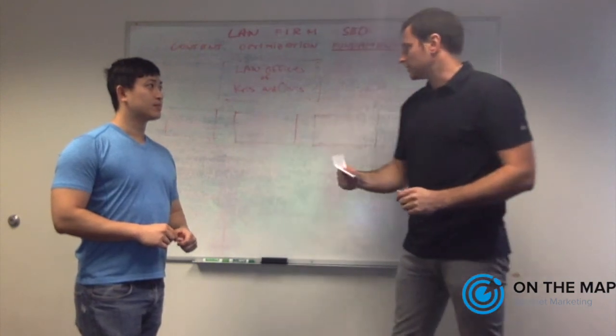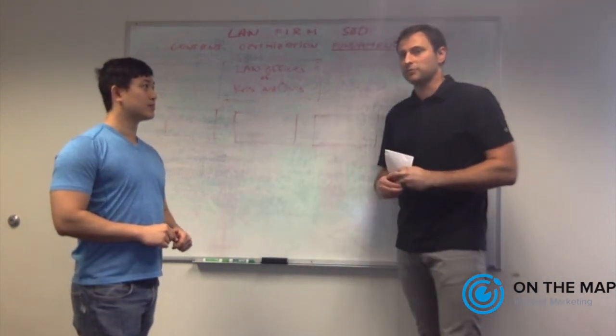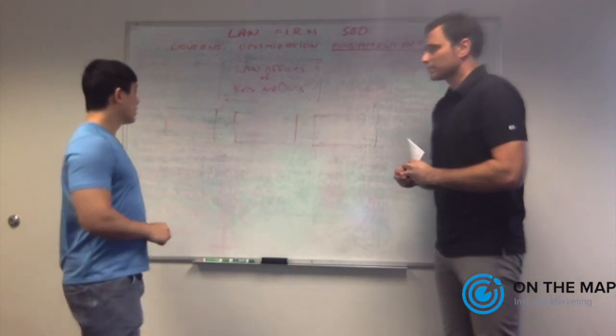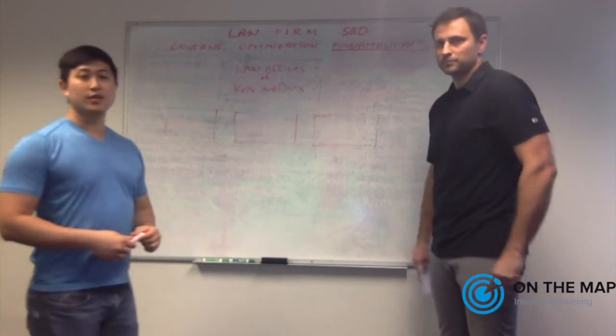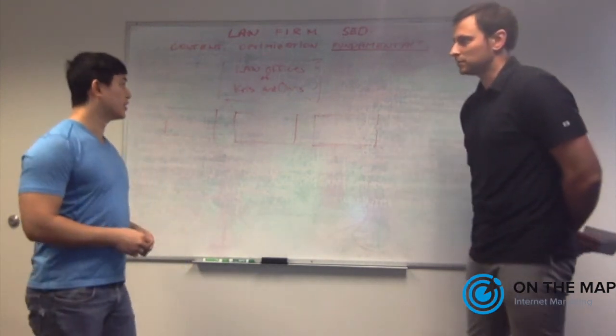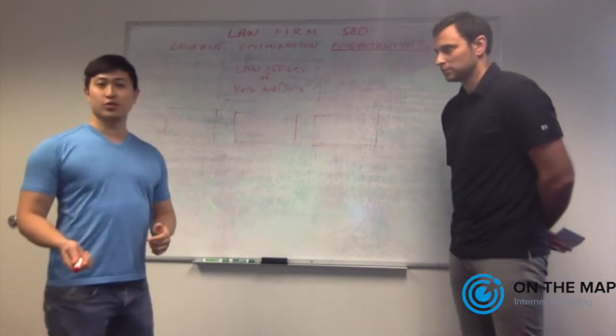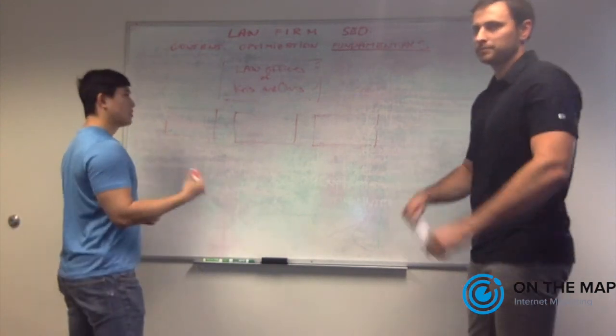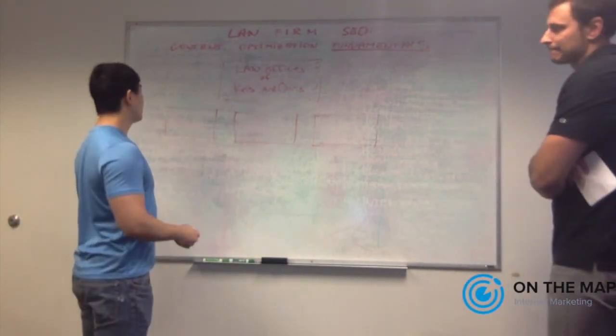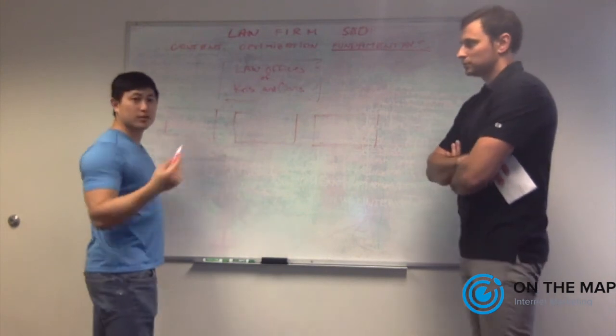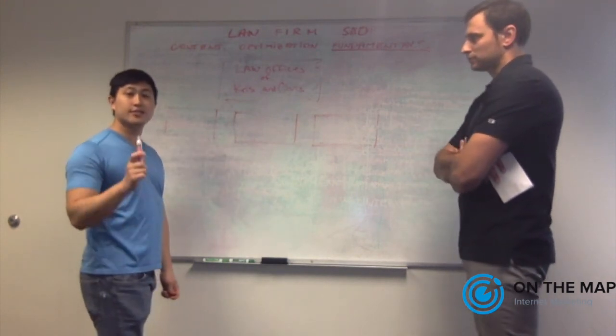So continue, Chris, and tell us a little bit more about how we would optimize the inner pages. So for the inner pages, let's say we're focusing on family law, personal injury, and criminal defense. Our inner pages would now reflect these same seed keywords. Again, it's a single keyword.